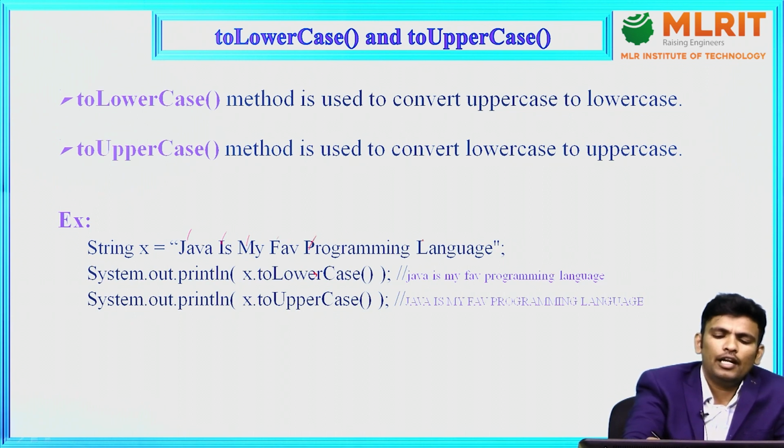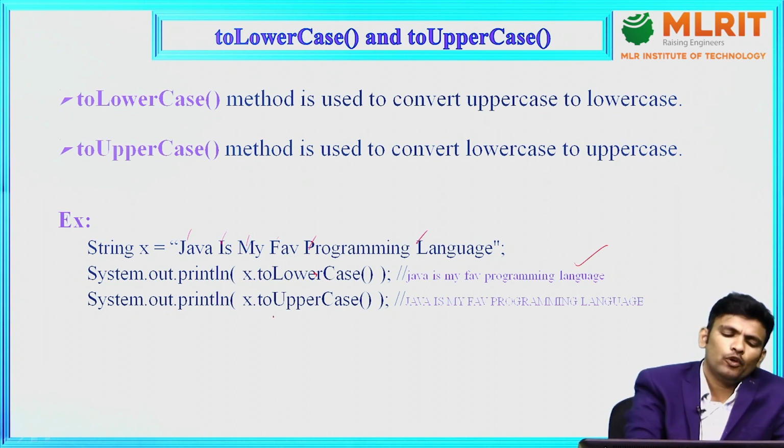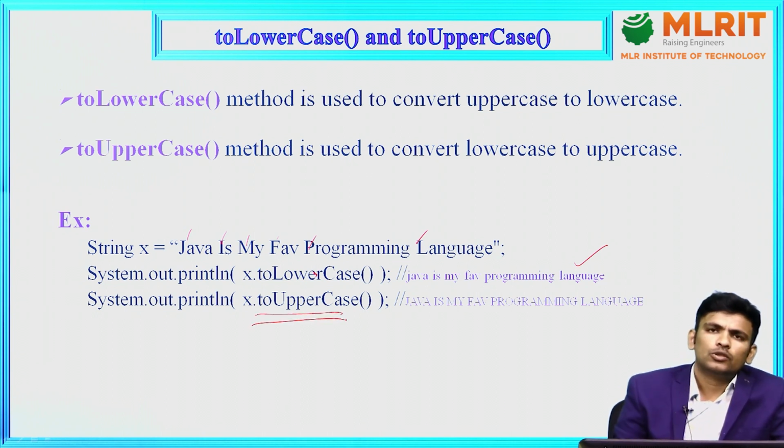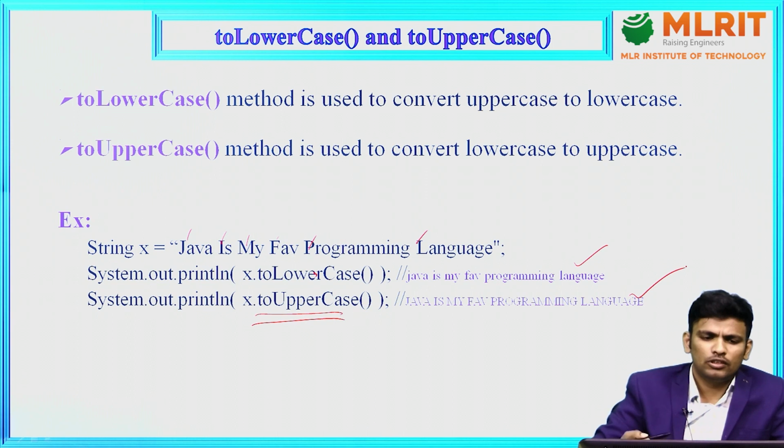If you apply toLowerCase, every character will be converted to lowercase, irrespective of uppercase or lowercase. And if you use toUpperCase, every character will be converted to uppercase. Simple as that.